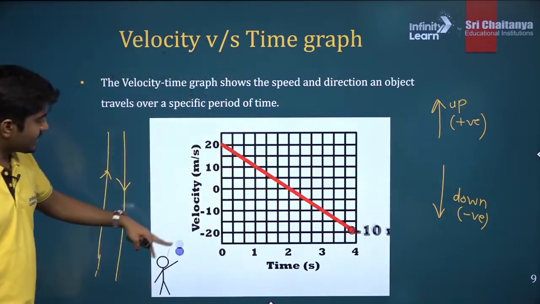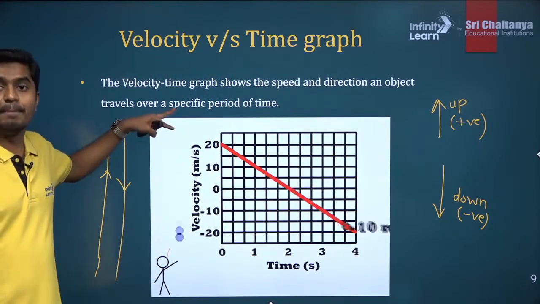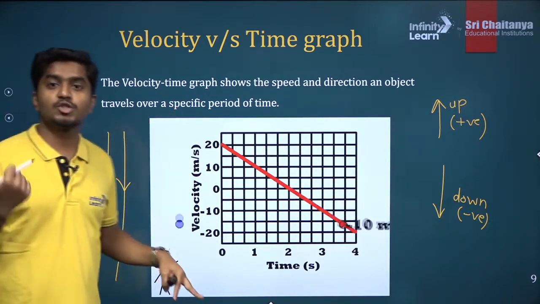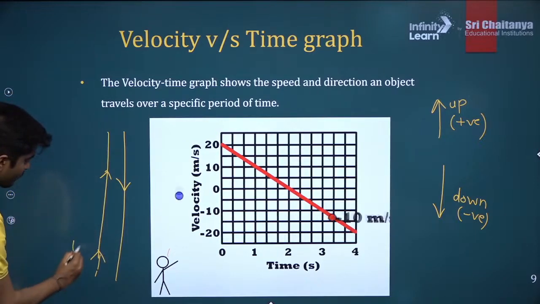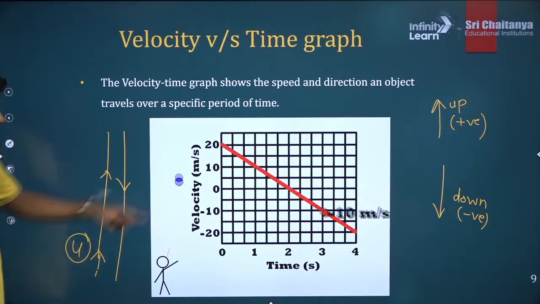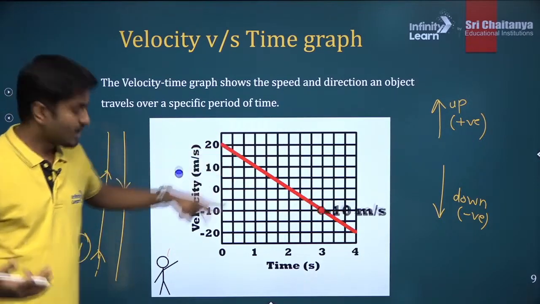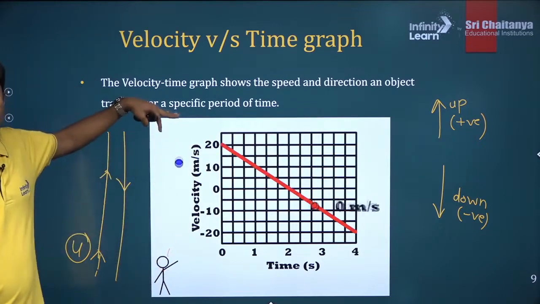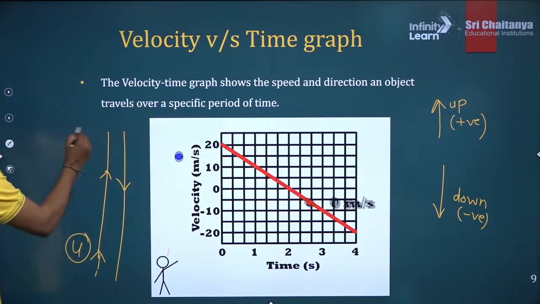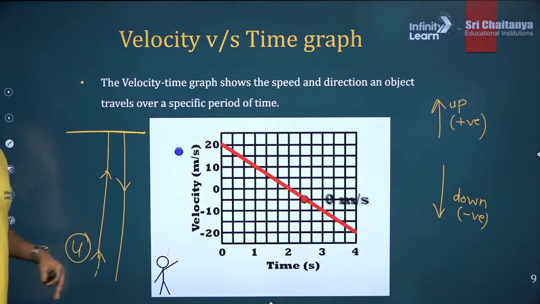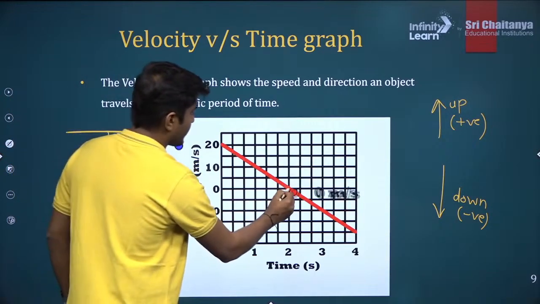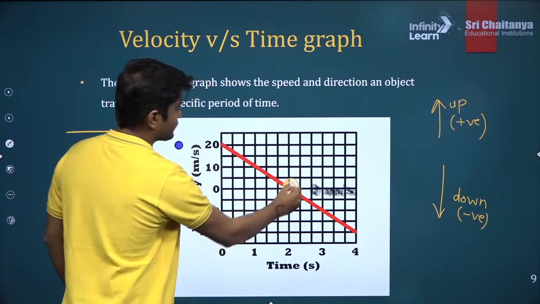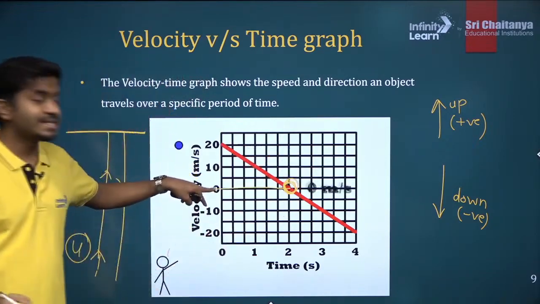So now here, when the object is going up, you start your stopwatch. Whatever the initial speed is here, that is a positive value. As the object reaches the maximum point, what happens? The velocity becomes 0. It is somewhere here, this point, where the velocity is 0.